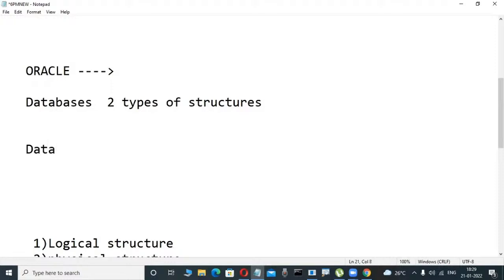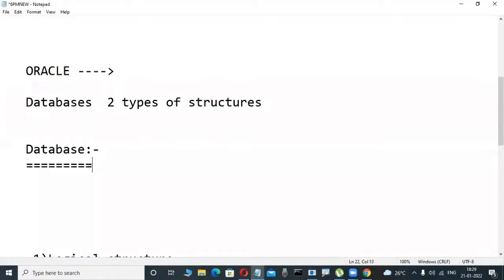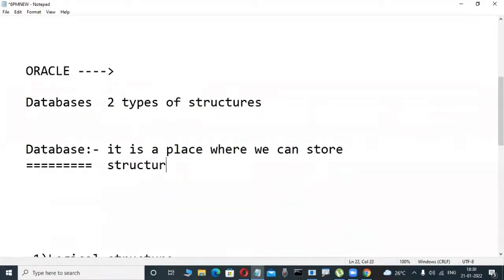Today at least you can understand. What does database mean? Anybody looking in Google or in books will see: it is a place, don't read it, it is a place in a computer system where we can store a structured collection of data. What is data, what is information, what is DBMS? That is later.